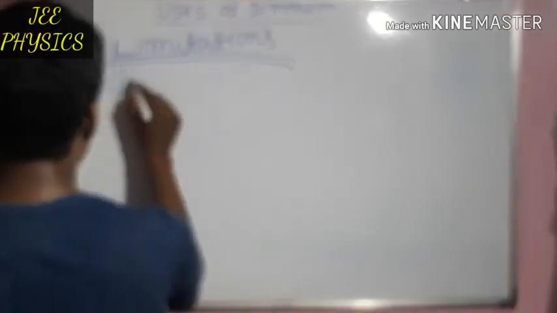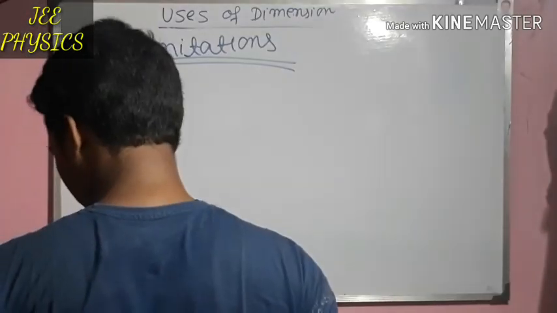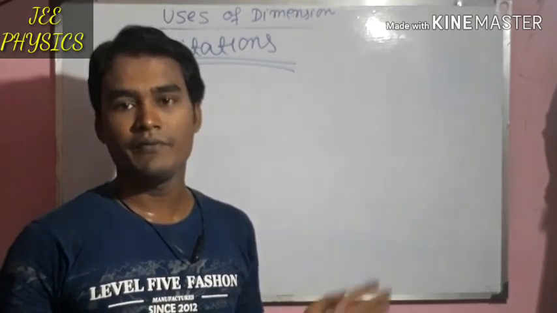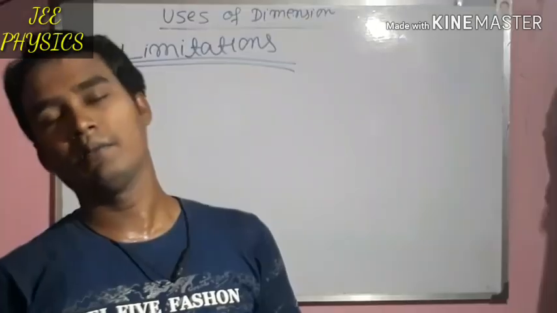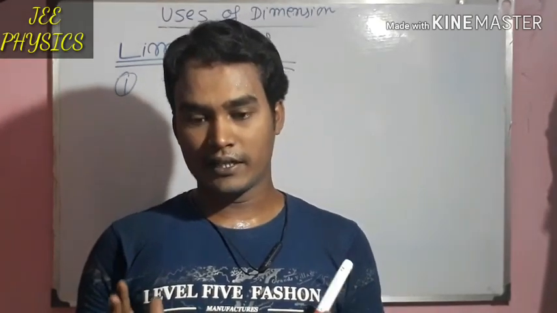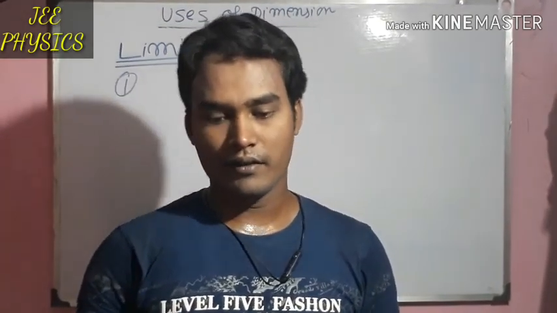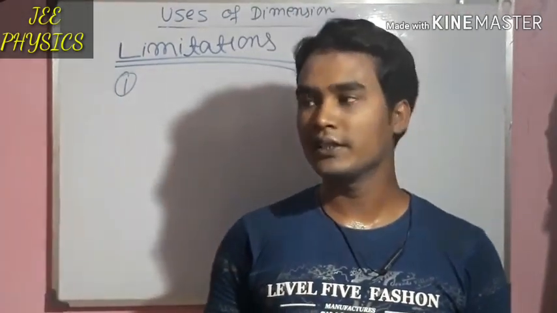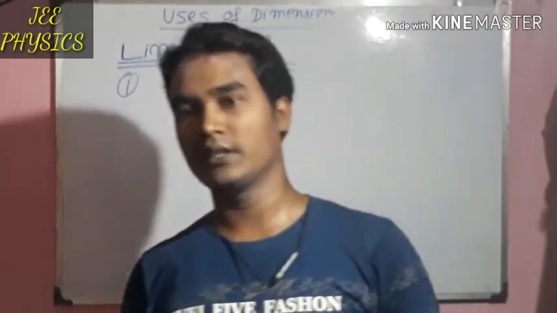Now here another limitation is that we have found the relationship between physical quantities using the dimensional method, but it can derive the relation only between physical quantities which are in multiplicative format.